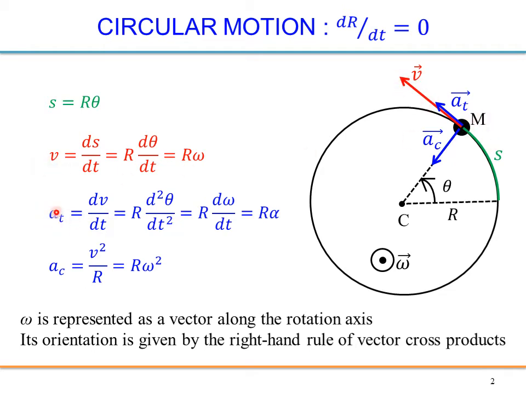We have a tangential component of the acceleration, which is r alpha, and a centripetal acceleration, which is either v squared over r or r omega squared. And omega is a vector represented in this case by a vector out of page.